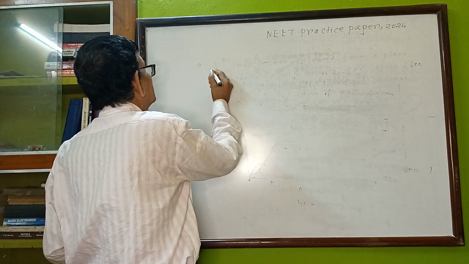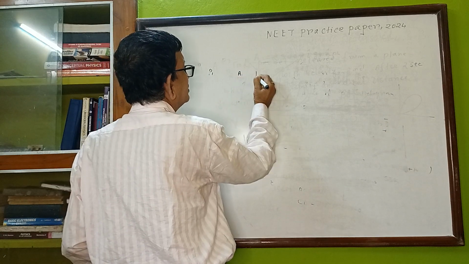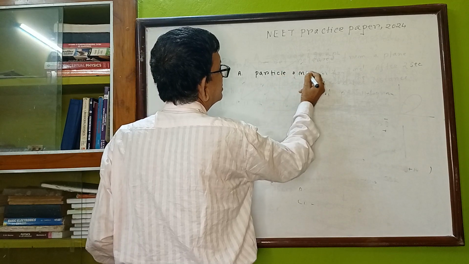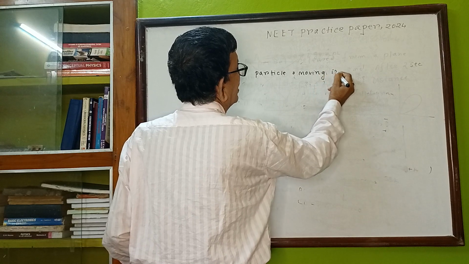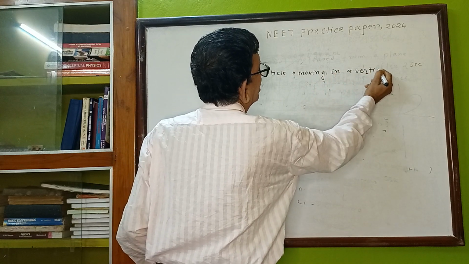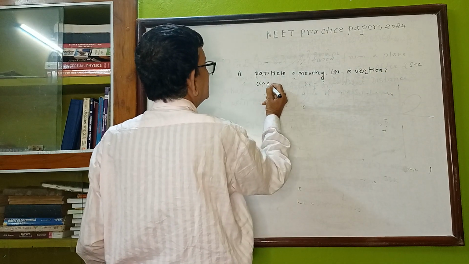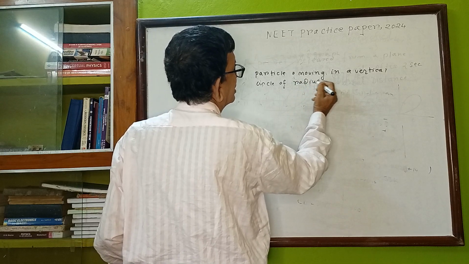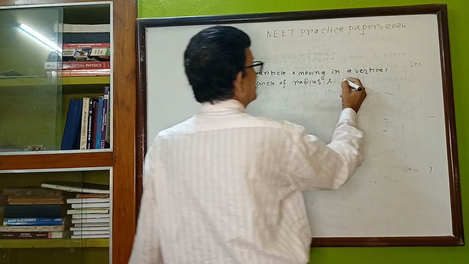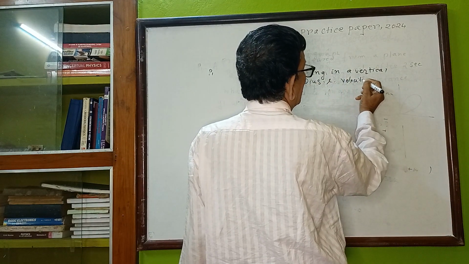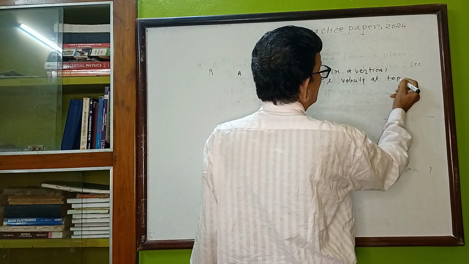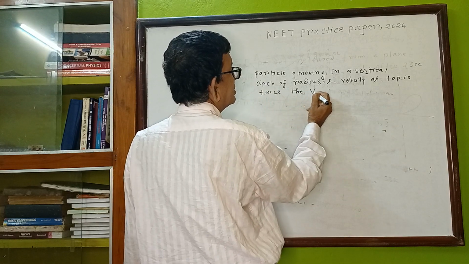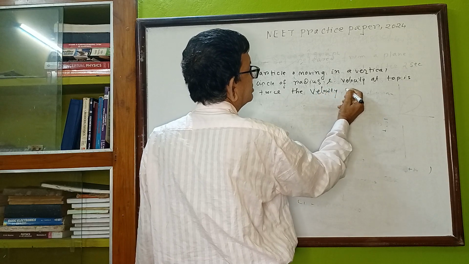Another problem, problem number 6. A particle moving in a vertical circle of radius L. Velocity at top is twice the velocity at bottom.